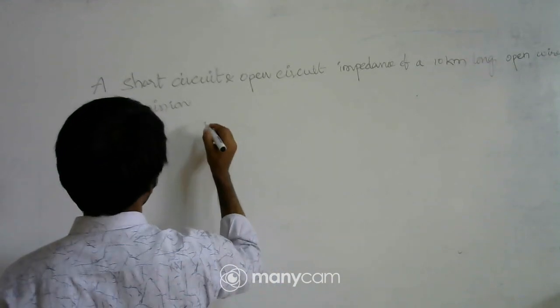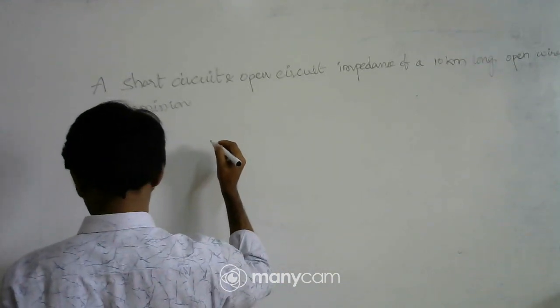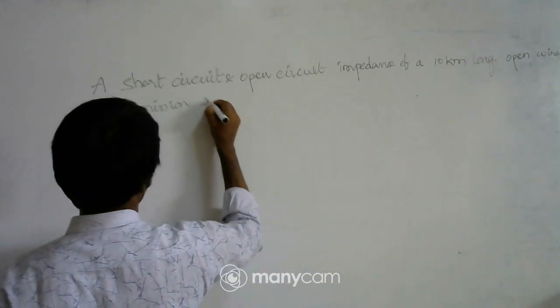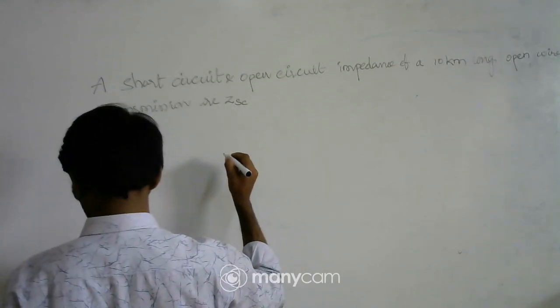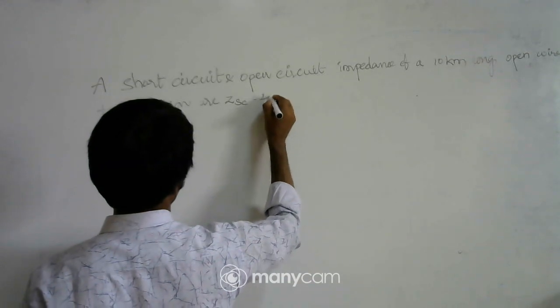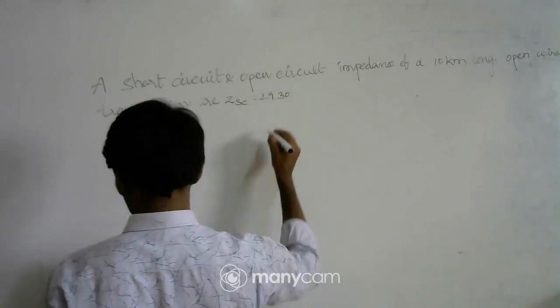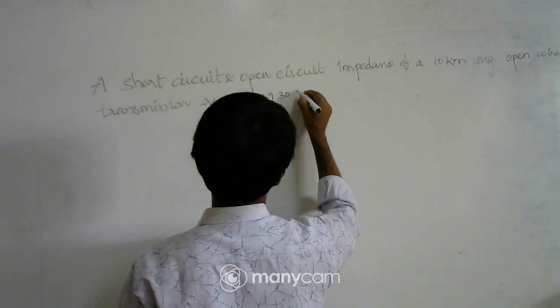Open wire transmission line. Z suffix SC, impedance at short circuit, is equal to 2930 angle 26 degrees.